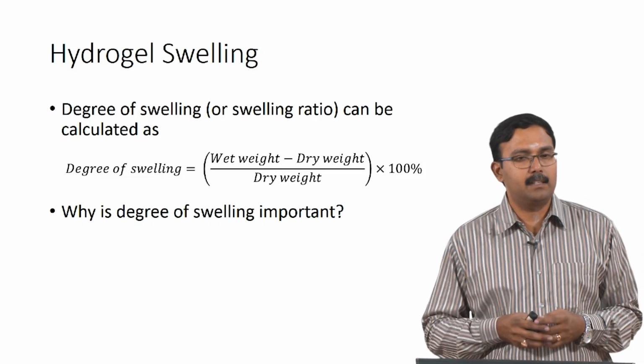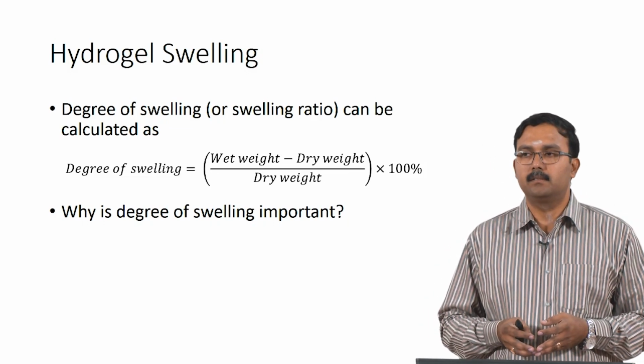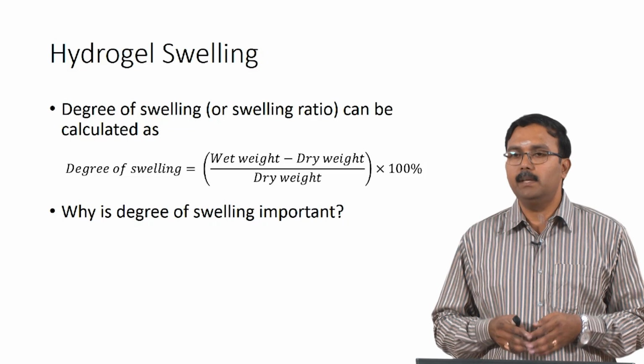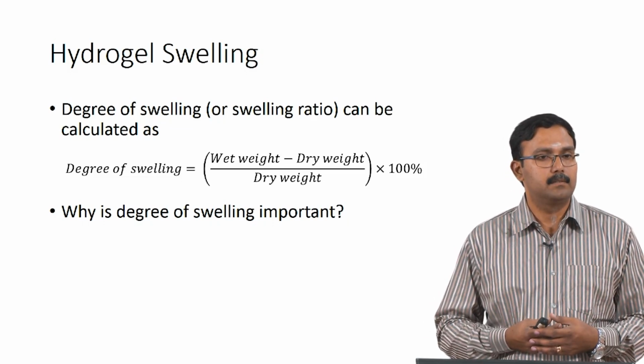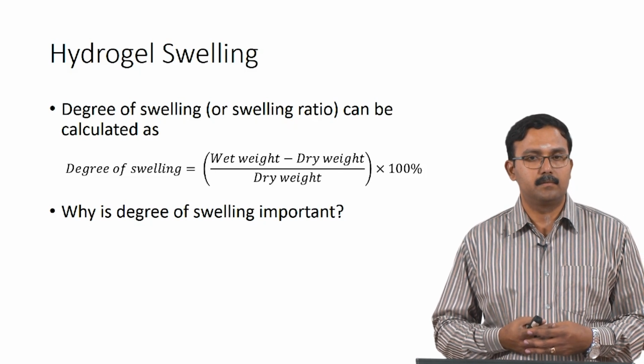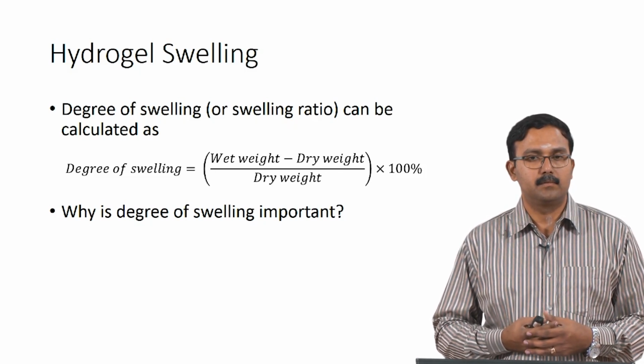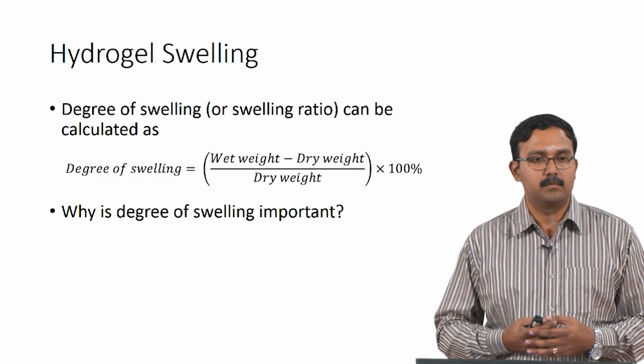So, why is this factor degree of swelling important? Why do we need to measure this as a part of characterization? It gives us how much weight it can retain. Okay.